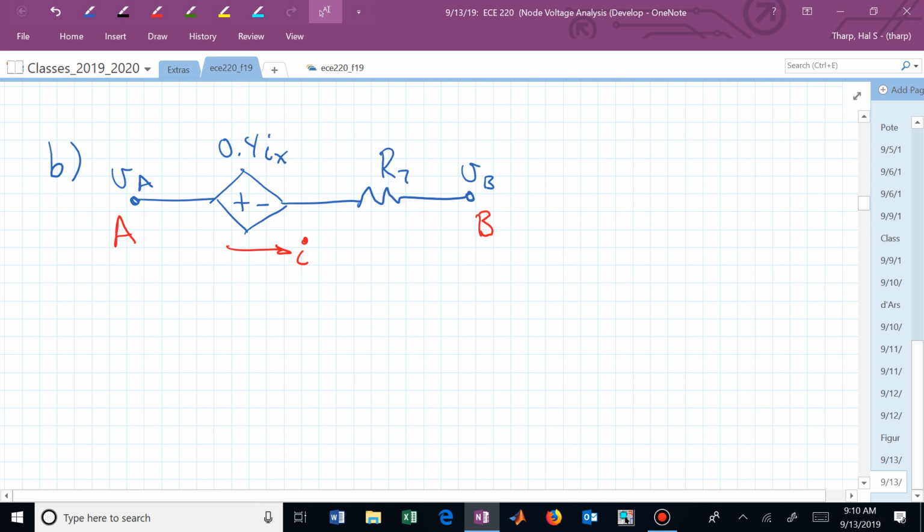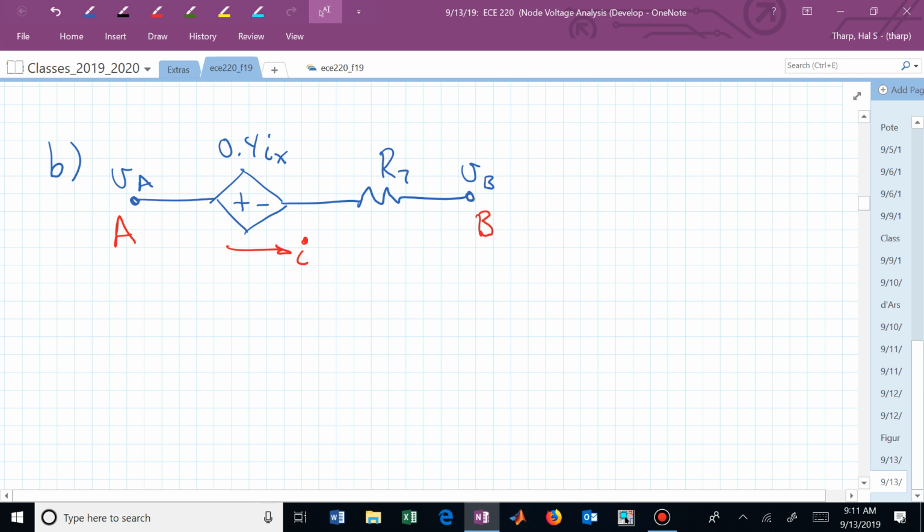I'm sure it was not picked up on my microphone, but we really are interested still in the drop across A and B, but that dependent source is influencing that drop. And in particular, if we knew the current going through R7, don't we know that that's I? The current through R7 is I.